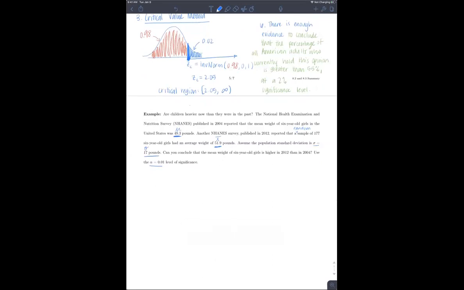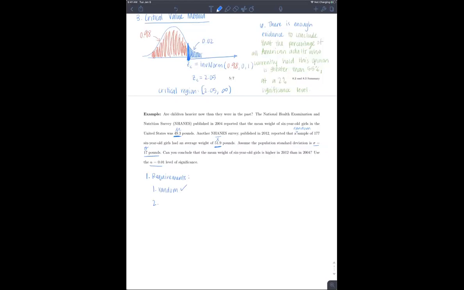Here, the very first thing that we should always do is what? What's the very first thing I need to do for every problem? State the requirements. The first requirement is that it's random, and I wrote that in. The second requirement, since I'm testing mu, I don't need to make sure that those two values are greater than 10, but I need to make sure that n is greater than or equal to 30.